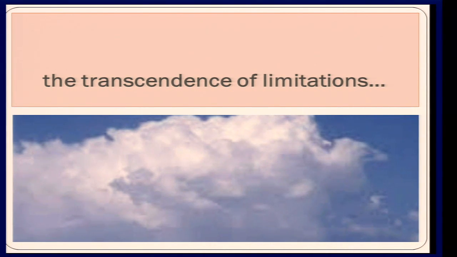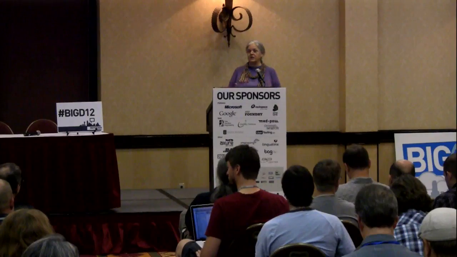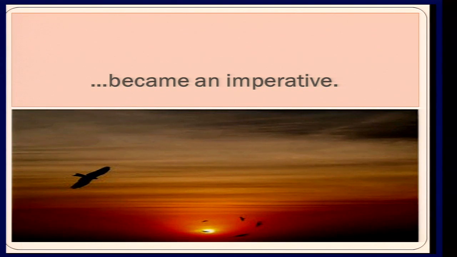I do a very poor James Earl Jones imitation, but really those ideas, the idea that we could transcend limitations through this new technology, it was a really real possibility. And as it was implemented, it became an imperative, not just a possibility, but this is what the web is all about. It's about connecting people across barriers, whatever kind of barriers and however they arise.